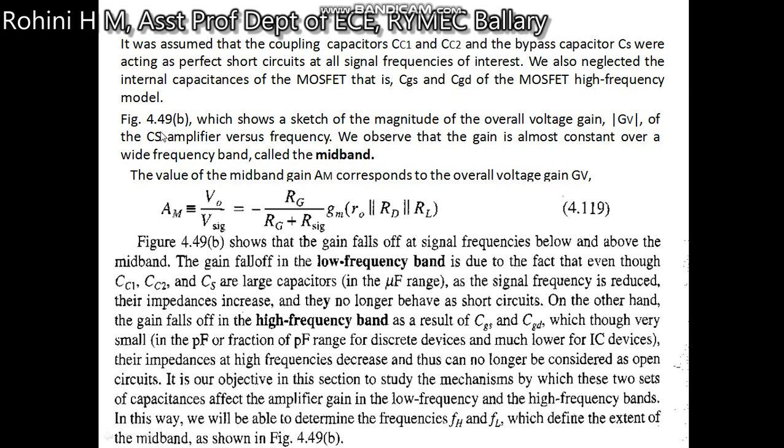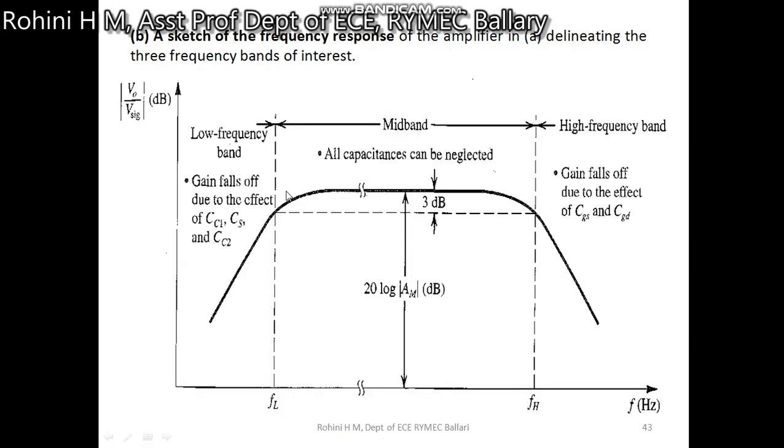In figure B, which shows a sketch of the magnitude of the gain of the CS amplifier versus frequency, we observe that the gain is almost constant over a frequency band called the mid band. The mid band is from FL to FH. In this mid band the gain is almost constant.